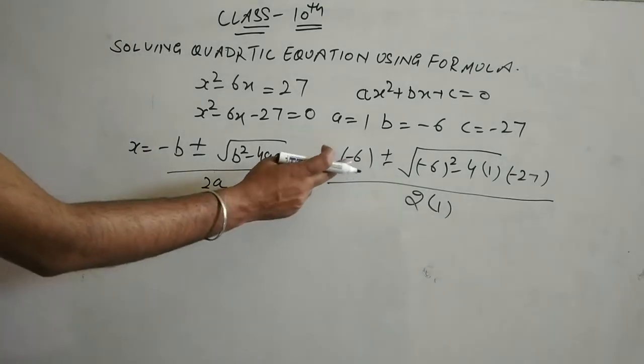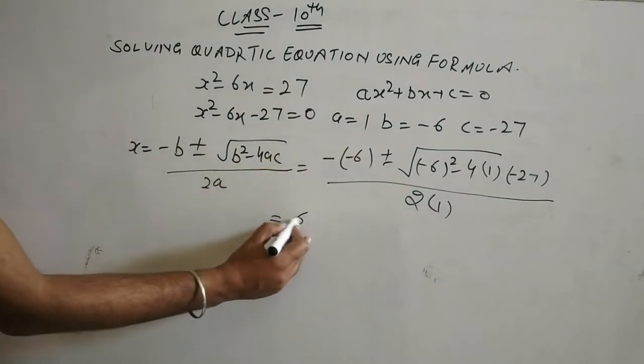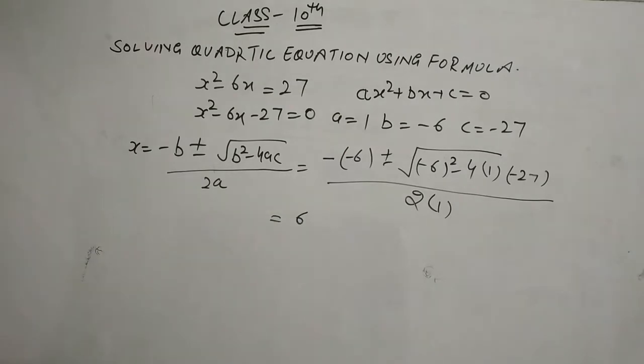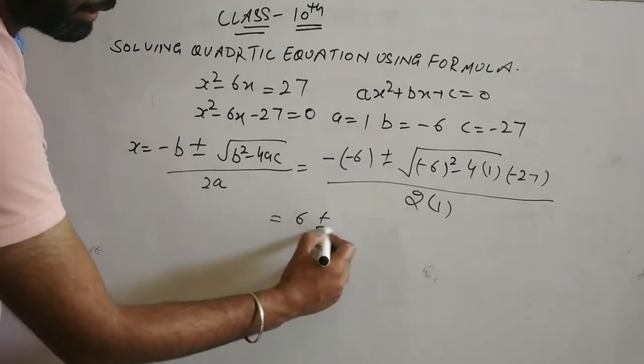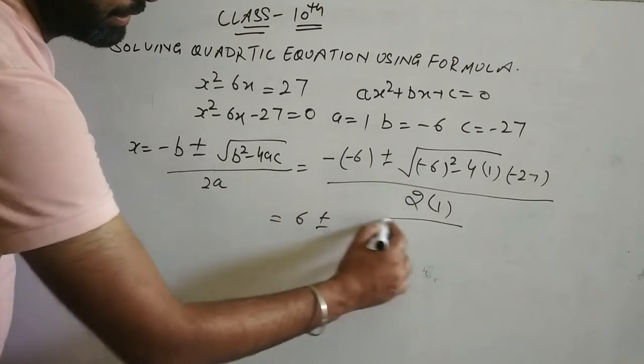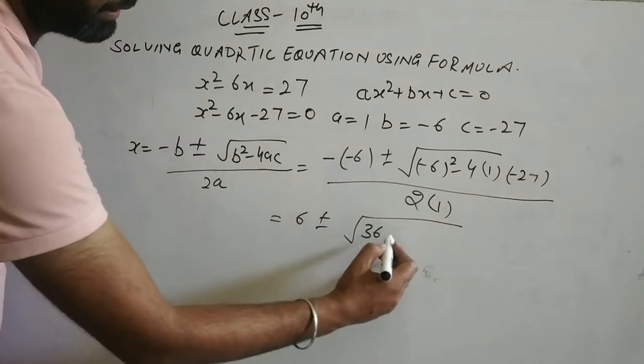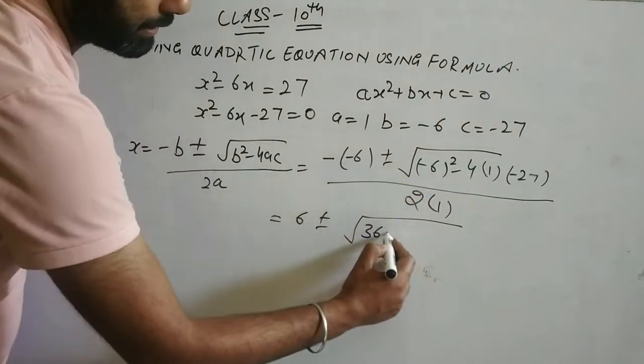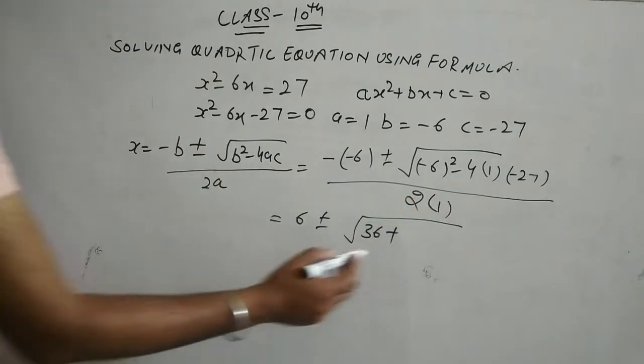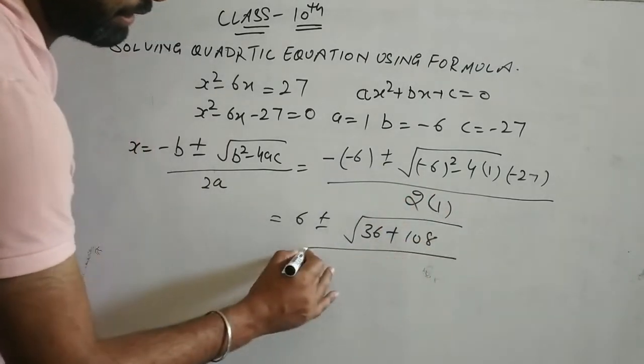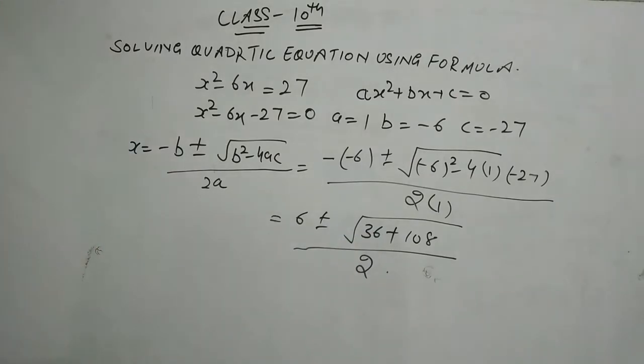Solve it. Minus minus becomes plus, that is equal to 6. Then plus minus under root, minus 6 whole square is equal to 36, minus minus plus, 27 into 4, that is equal to 108, over 2.